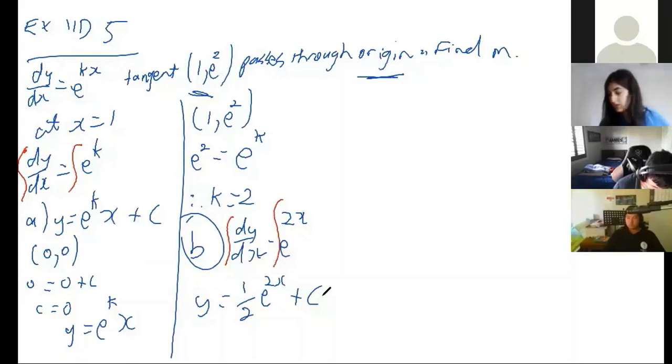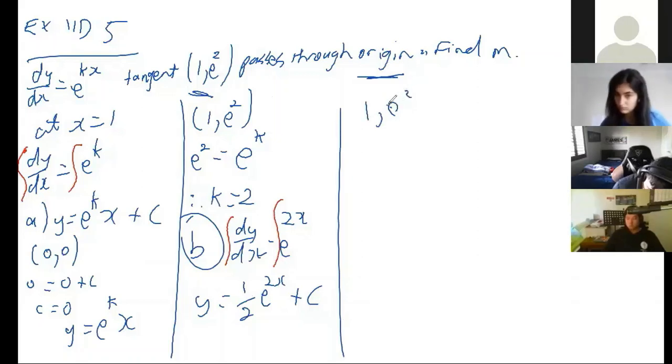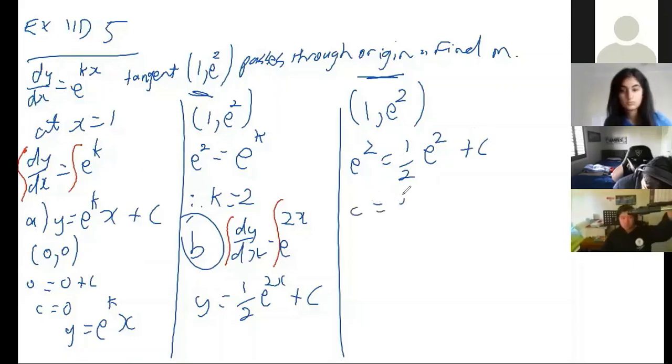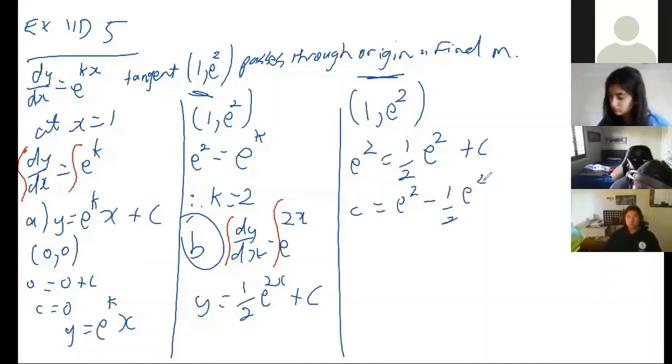Substituting (1, e squared) in there. Just let me rub that out and do that again. I get e squared equals a half e squared plus c. So c will equal e squared minus a half e squared, which is going to give us a half e squared.